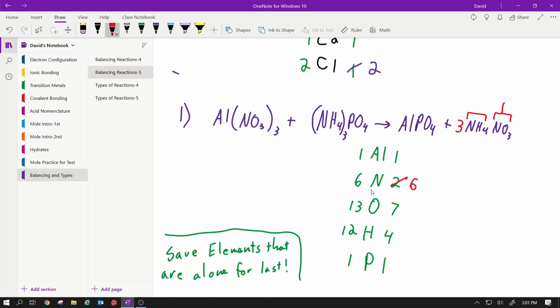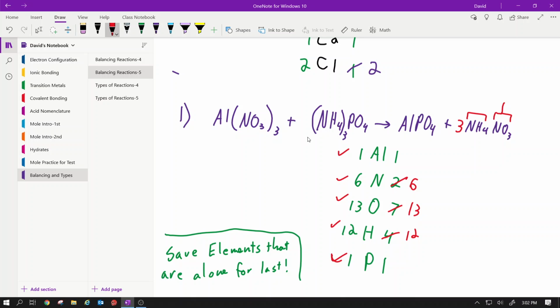Plus 4, 13 still. 3 times 3 is 9, and 4 more, 13. This is looking good. Hydrogen, still 3 times 4, 12. Where are my hydrogens? 3 times 4, 12. And phosphorus, 1 and 1.